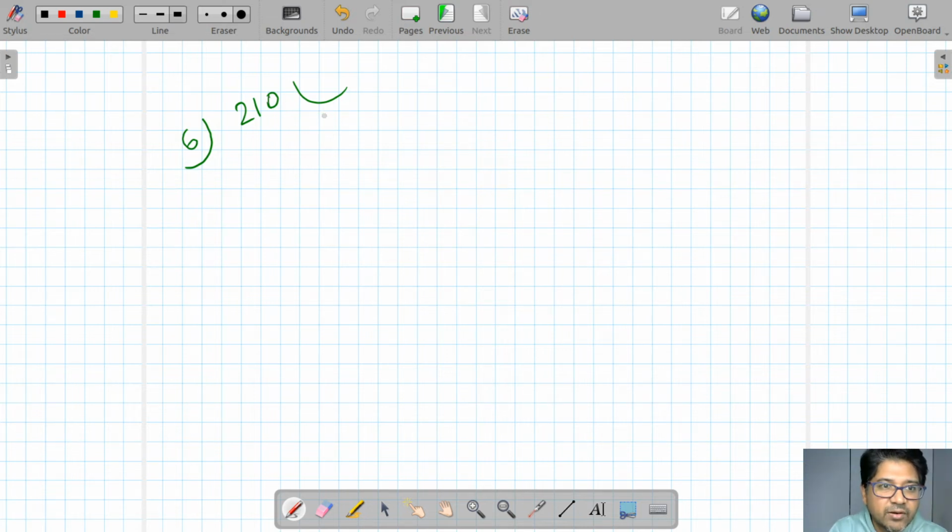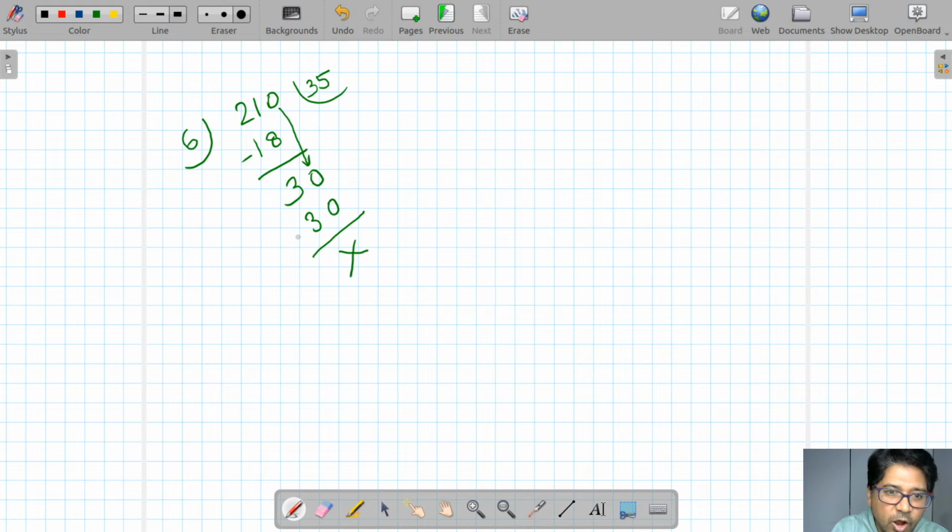So 6, the table, do you remember? 6 twos are 12. 6 threes are 18, so I will go for 18, and we are left with the 3. Then this 0 will come down, right, everyone? And then 6 fives are 30, and that will cross, nothing left. So you have this. This is the second method.